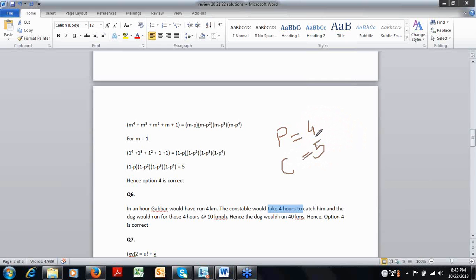He has already completed 4 kilometers. So 4 plus 4x is equal to 5x. So x needs to be 4 hours. So it will take 4 hours for constable to catch the prisoner. Hope that solves your doubt.